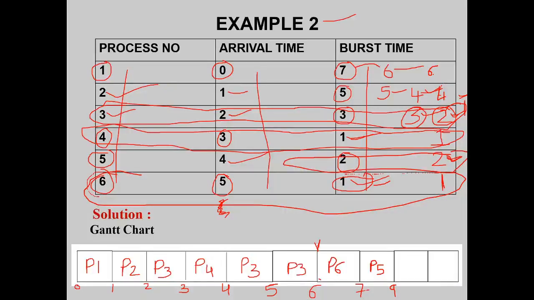Only 2 processes are remaining, with burst time 6 and 4. Process P2 has less burst time, so allocate the CPU to process P2. Its burst time is 4, so 9 plus 4 is 13. The last remaining process is P1 with burst time 6, so 13 plus 6 is 19.